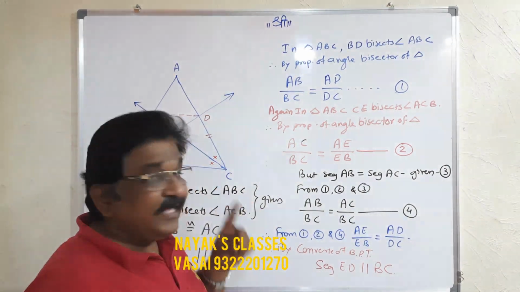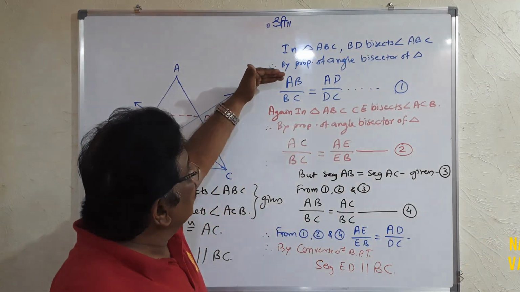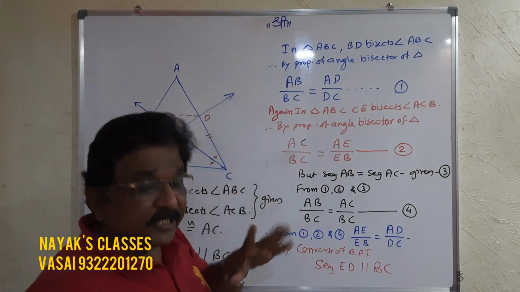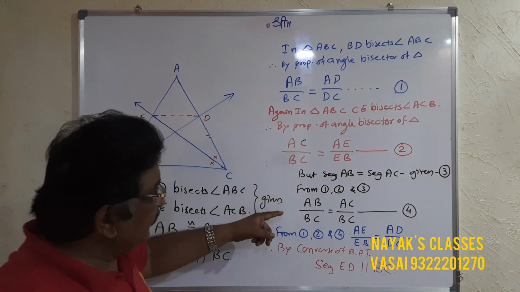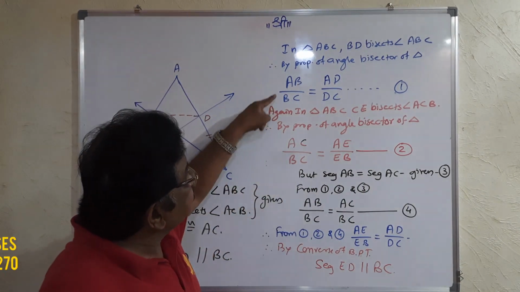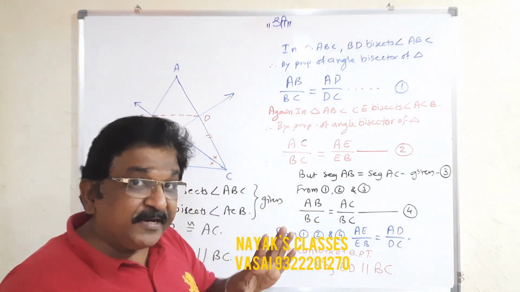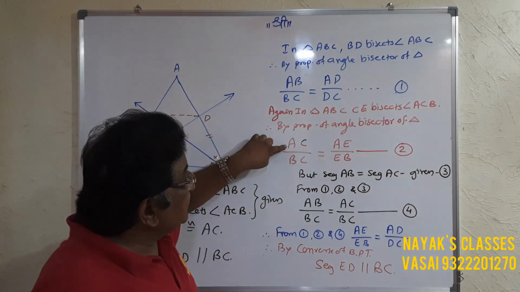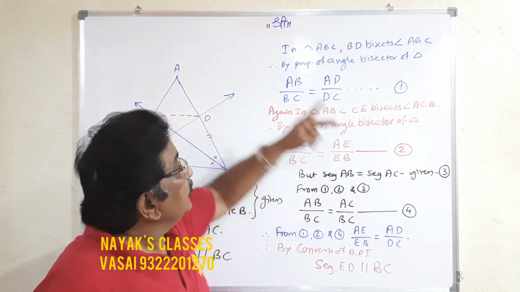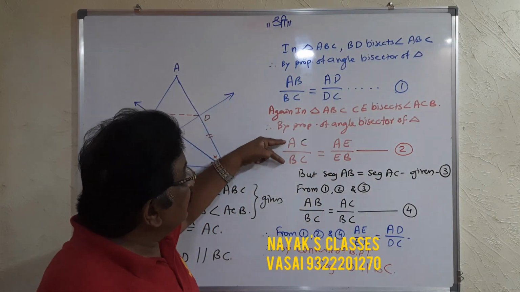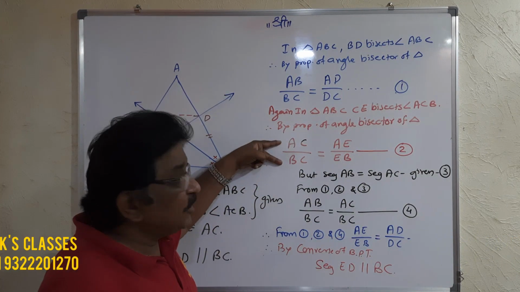And one more thing, they have given us AB congruent to AC. Means AB and AC are the same. If they are the same, then definitely AB upon BC equals AC upon BC.